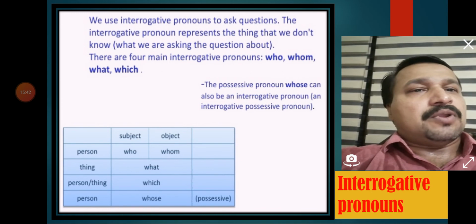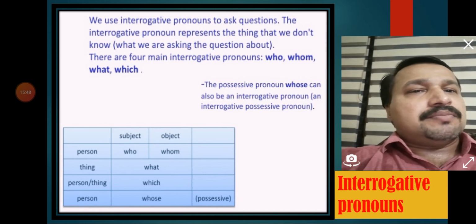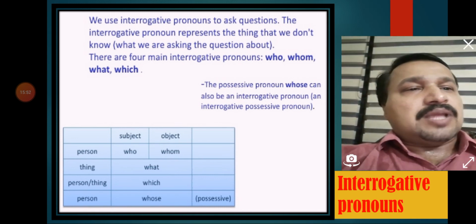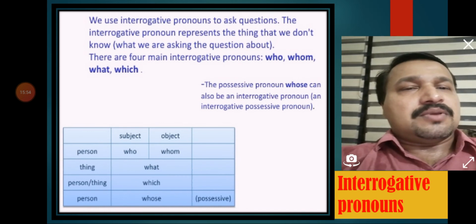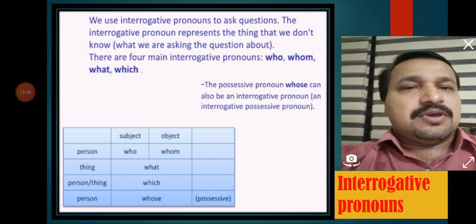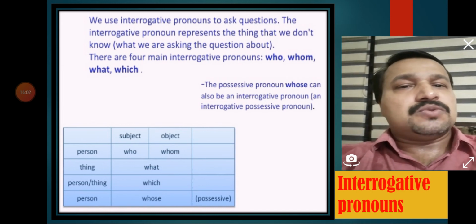The possessive pronoun whose can also be an interrogative pronoun, an interrogative possessive pronoun. So that means there are five types of interrogative pronouns.